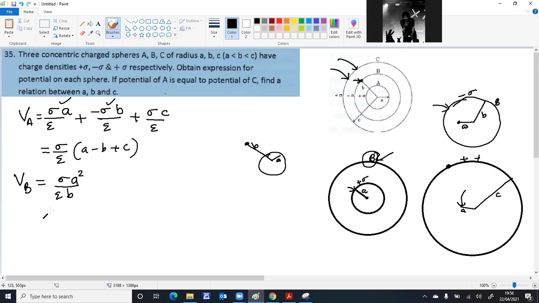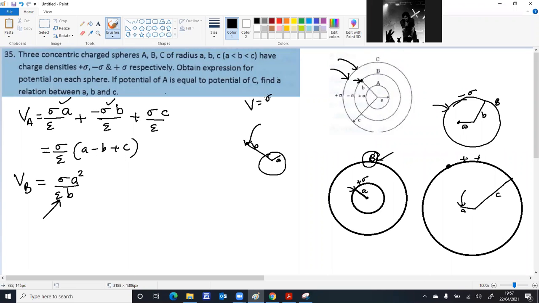You know which contribution this is? This is the contribution on B due to A. So is this point outside the sphere A, inside the sphere A, or on the surface of A? It's outside the sphere A. Okay, tell me the formula for outside potential.